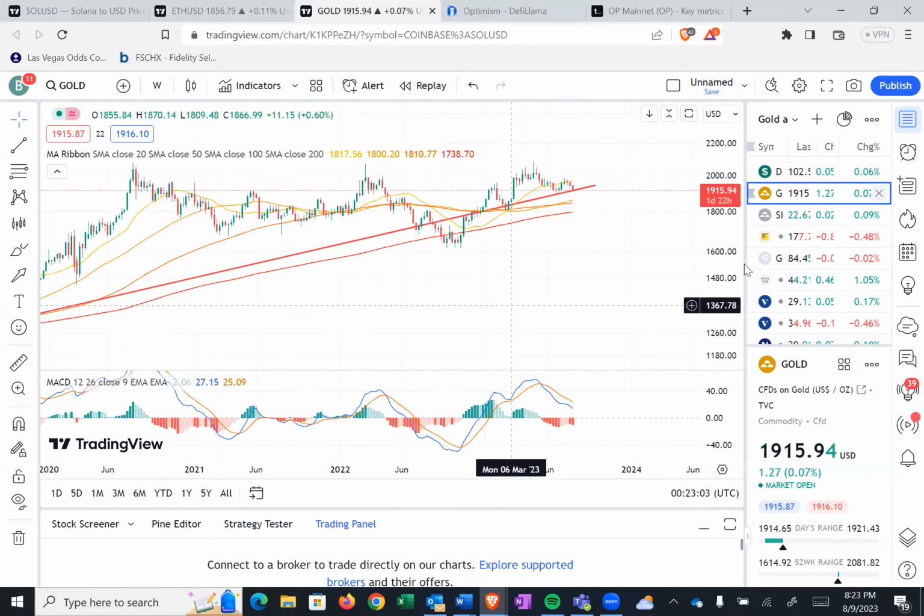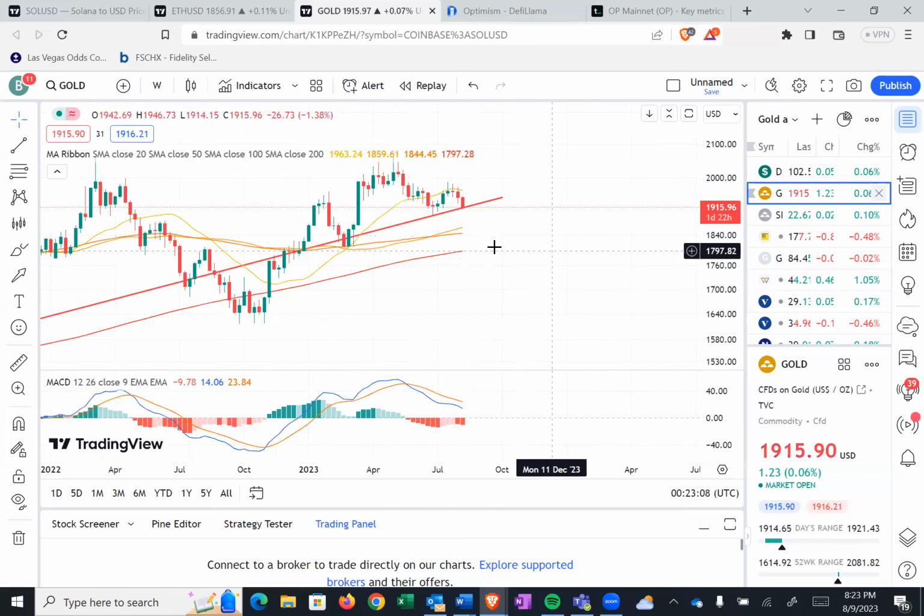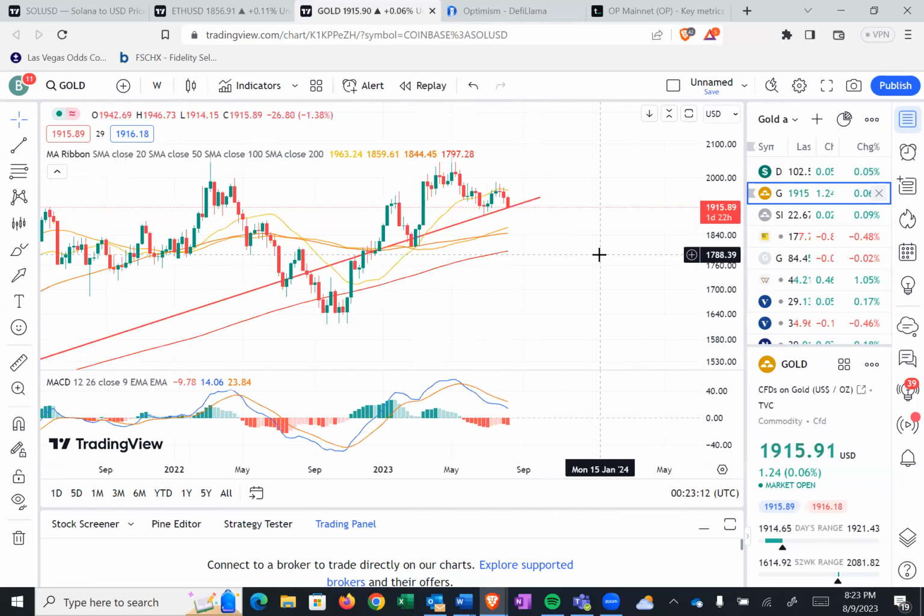We're not in that same situation here, but we did lose the 20-week. We're not crossing down or anything, we're actually crossing up. So I do still think we're in a bull market. I think this is a separate bull market, and I think the bull market started here. I think it's going to print like 2,300 or something like that. Some people say 29.